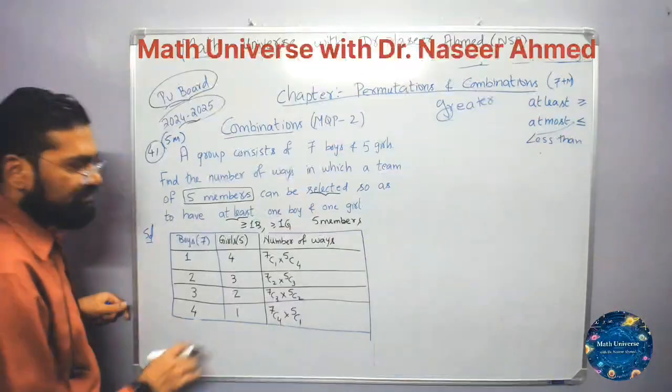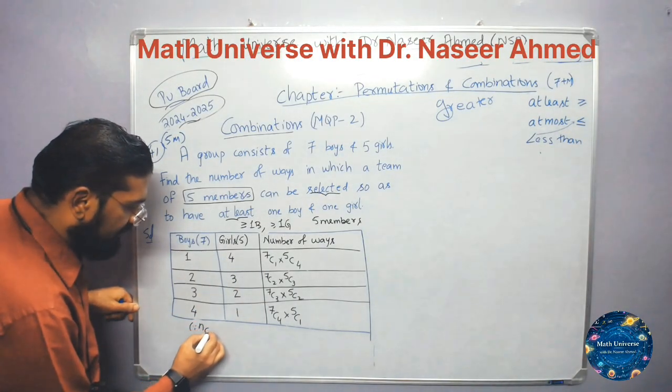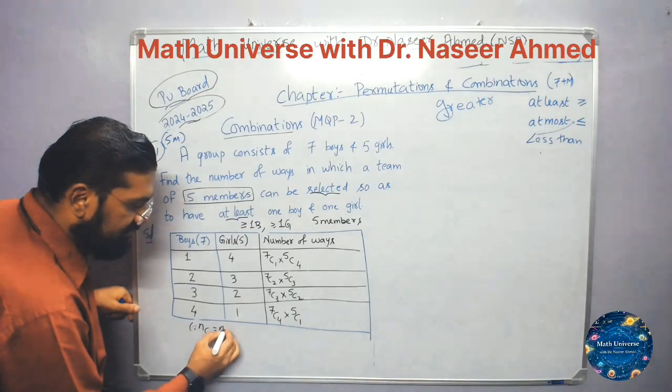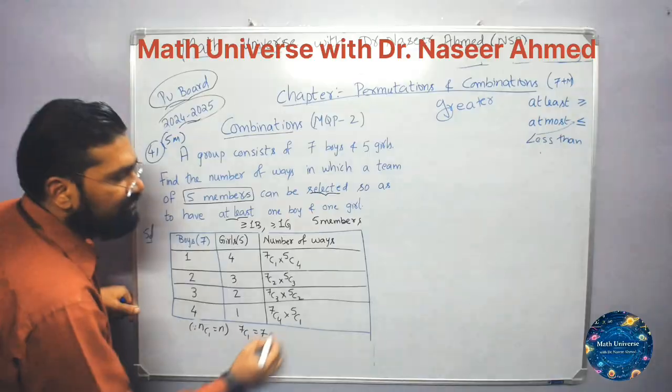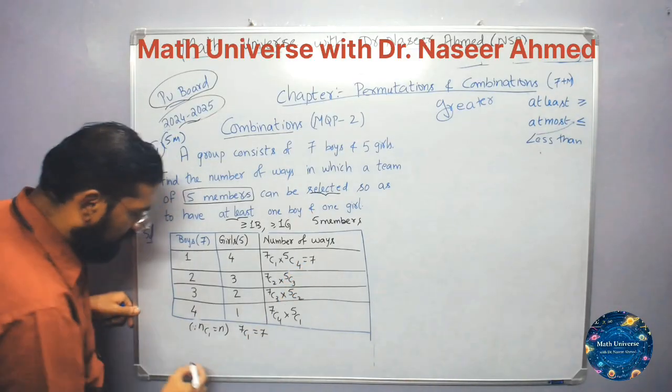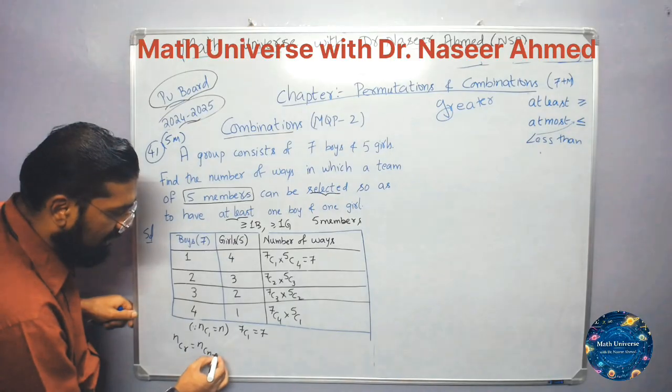Now comes combination. 7C1. We already know that NC1 is N. Because of this result, 7C1 is direct. It is 7. So let's substitute here. We also know that NCR is the same as NC(N minus R).